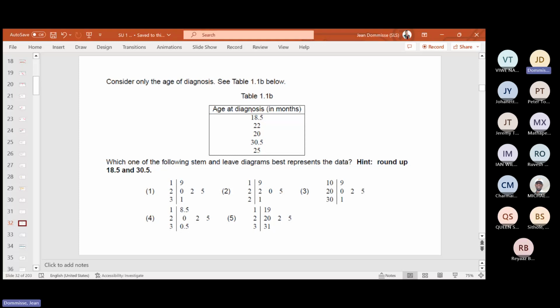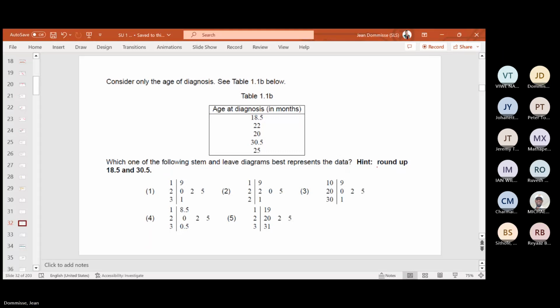So here they give us the data, then they tell us which one of the following stem and leaf diagrams best represents the data. A hint: round up 18.5 and 30.5. So that one we need to round up to 19. That one we need to round up to 31.